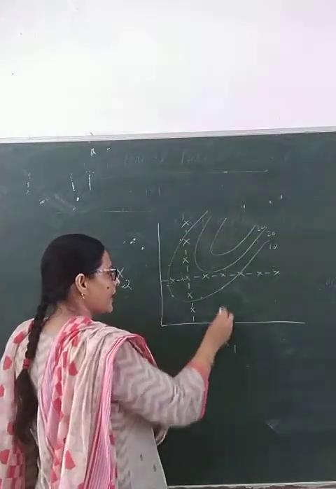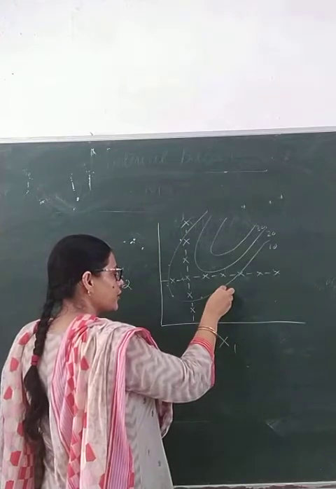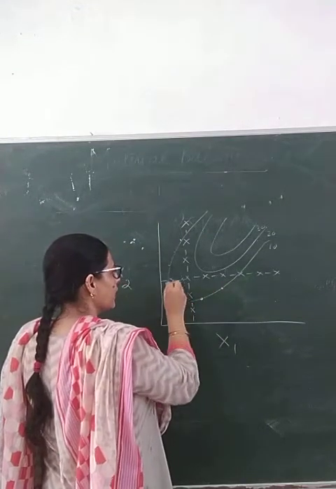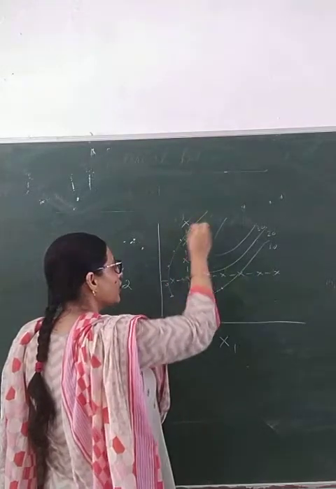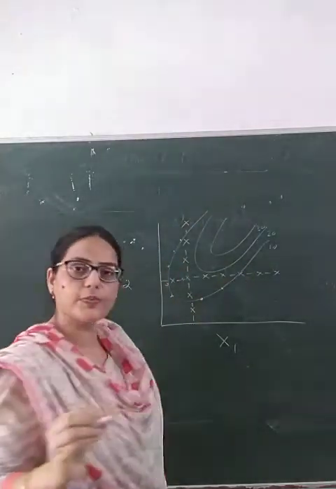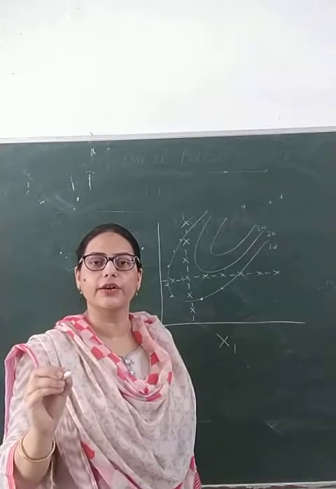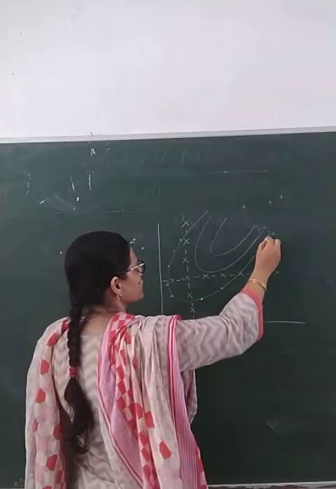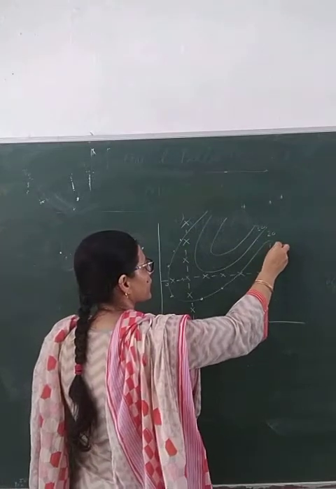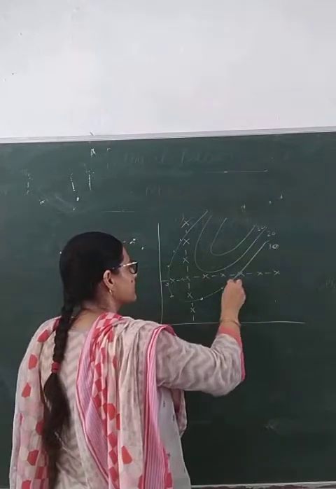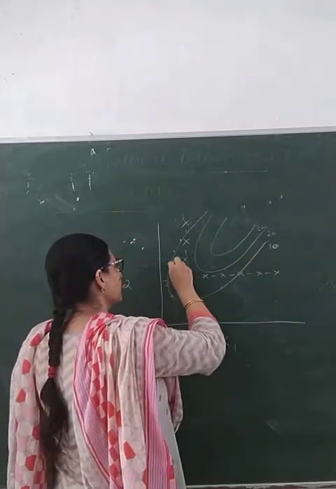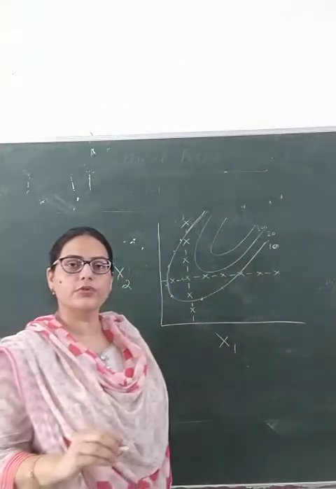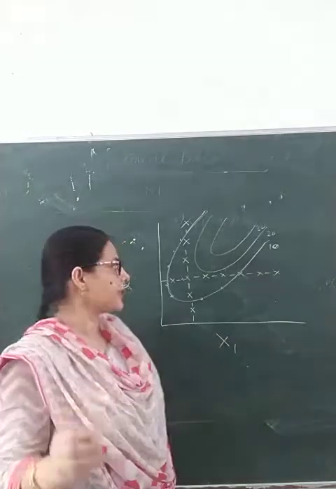So when we keep x1 with this value and x2 with this value, we get here the response. Then all these points are those points which are giving the yield of 30. So we have joined these points, and we have written here 10. That means this curve denotes all those points which are giving the yield 10.